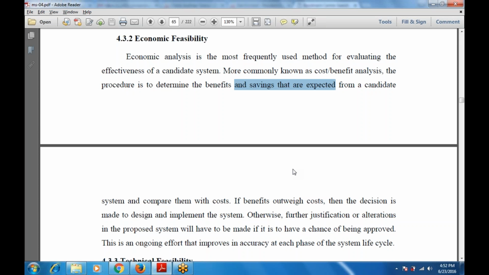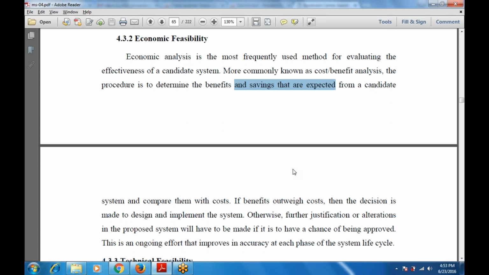Otherwise, further justification or alternatives in the proposed system will have to be made if it is to have a chance of being improved. That is also one of the major decisions taken within economic feasibility.